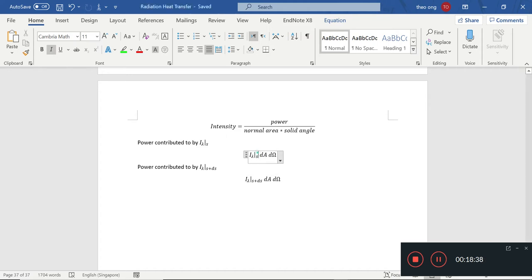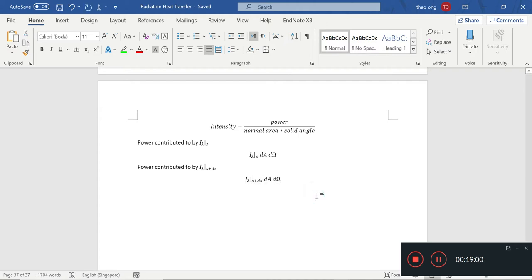This is the power coming into the system due to I lambda, and this is the power exiting the system due to I lambda at S plus ds. So that's just a simple energy balance.